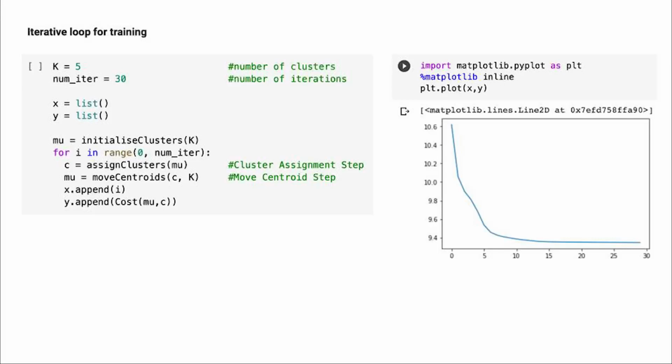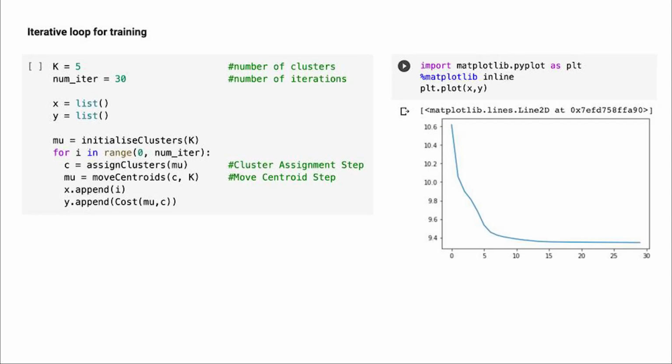First of all, you initialize the hyperparameters. You initialize the number of clusters, which is k, and we have decided 5 for now. You will get the best number of clusters using the elbow method and the trial and error method, as I told you earlier. The second is the number of iterations, which is how many times we want to iterate this loop.